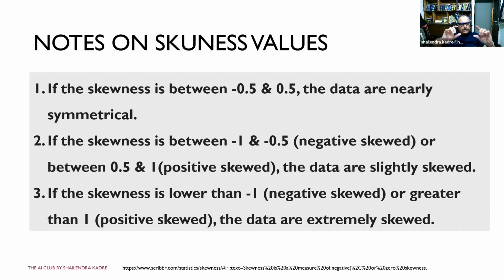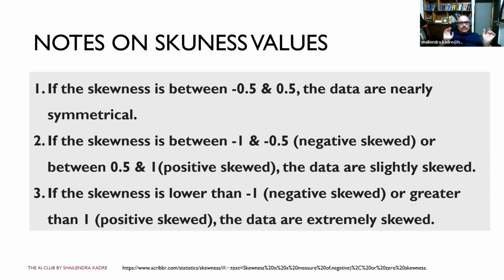You will get very near to 0, but not perfectly 0. That is how you have to remember. If it is very near to 0 or between minus 0.5 and 0.5, we treat the data as symmetrical. We treat the data as normally distributed.